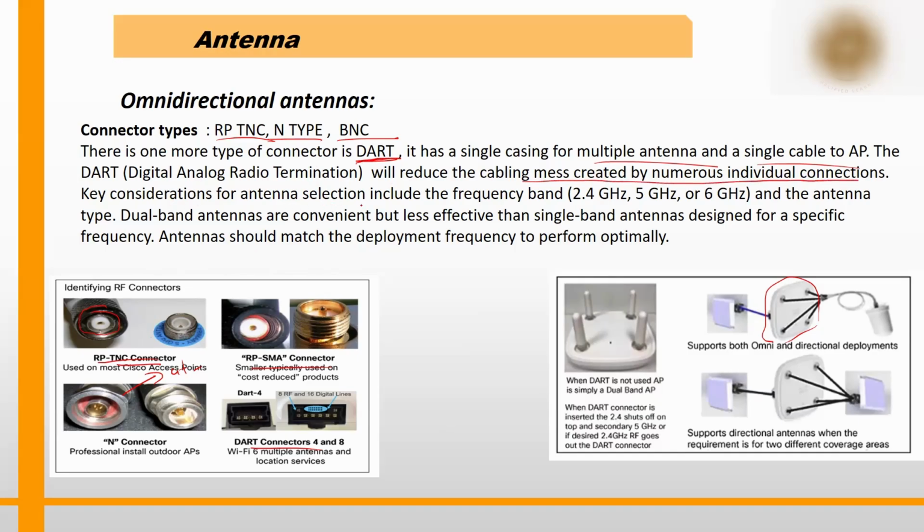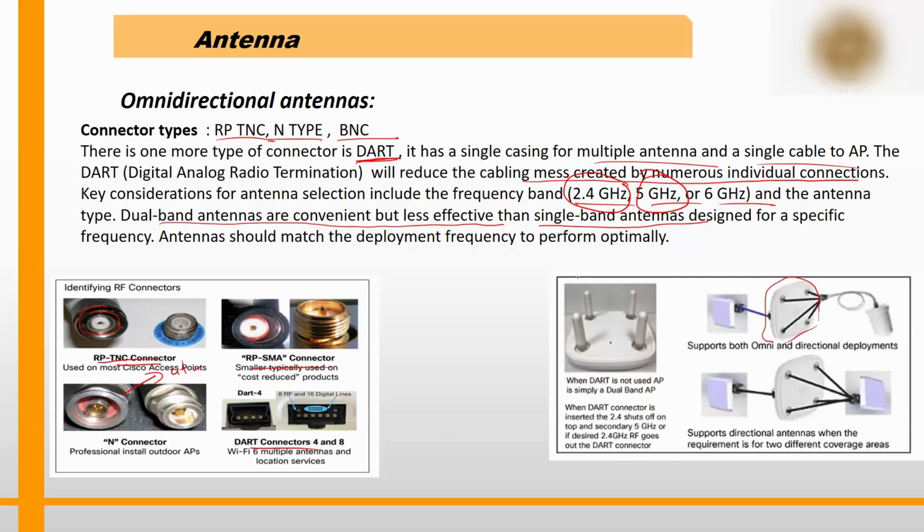Key consideration for antenna selection include 2.4 GHz, 5 GHz, 6 GHz, and the antenna type. Dual band antennas are convenient but less effective than single band antennas. So what is a single band and a dual band? So this is a band, okay, 2.4 GHz and 5 GHz. The wireless devices operate in this frequency range, either in 2.4 or 5 GHz or 6 GHz.